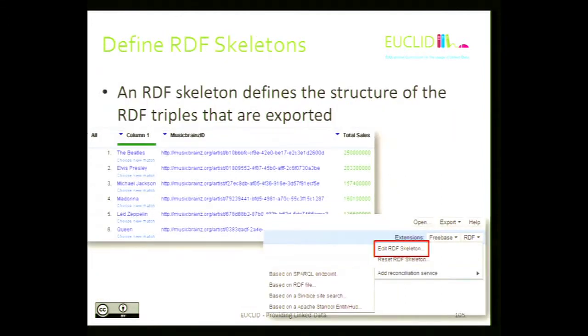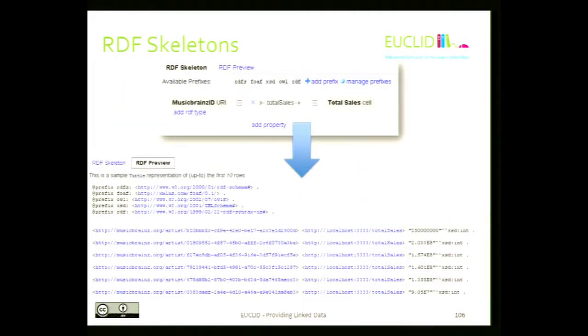So now we get to do this thing called edit RDF skeleton, which, as shown here, we can actually load the ontology we're interested in using and have defined the namespaces that we're using. So RDFS, FOAF, etc. Load our ontology and draw a tree of arrows between columns in the spreadsheet, relationships that we're interested in, and other columns.